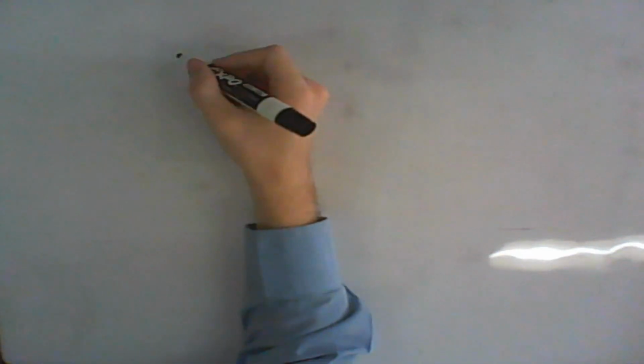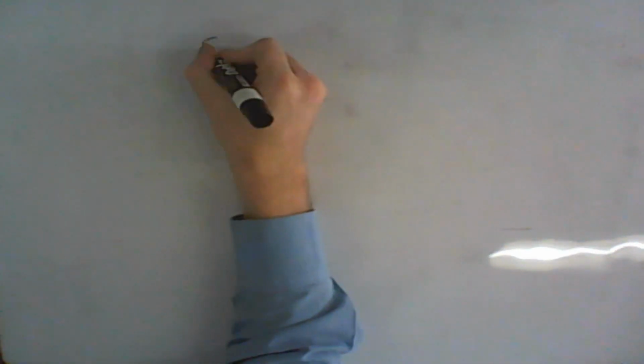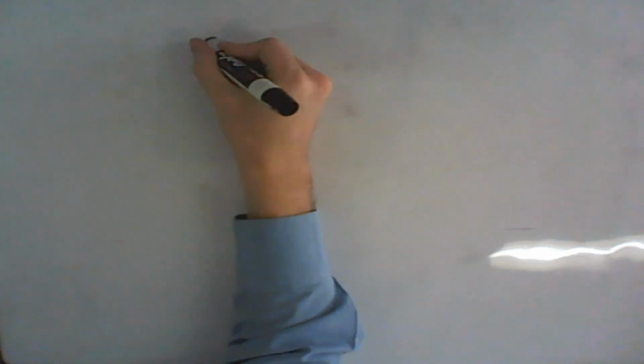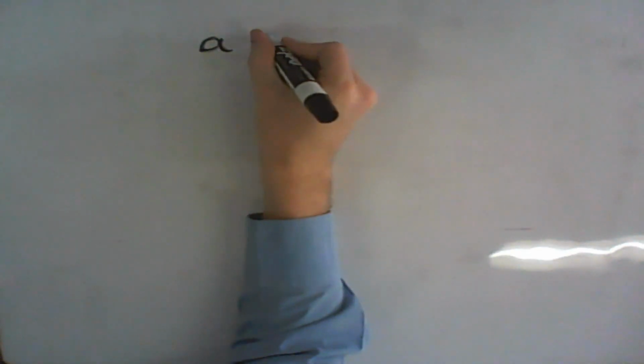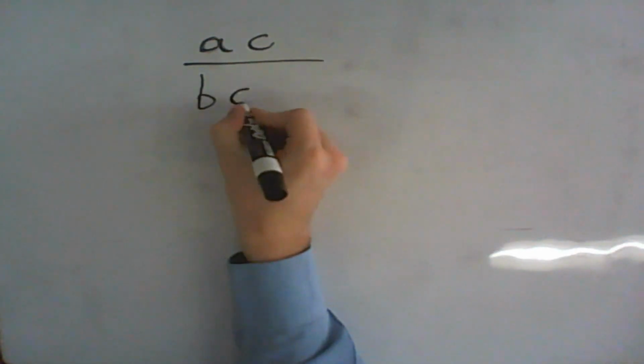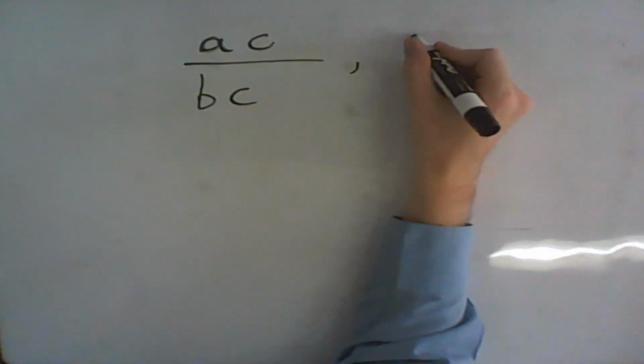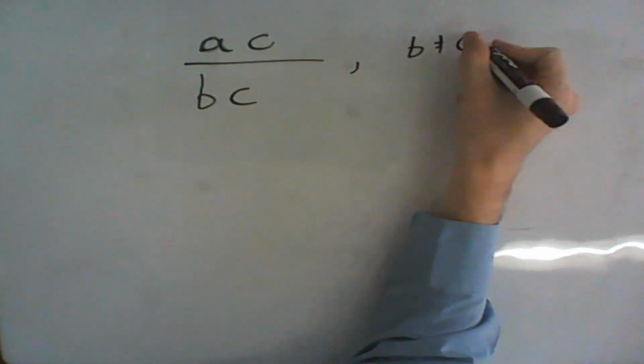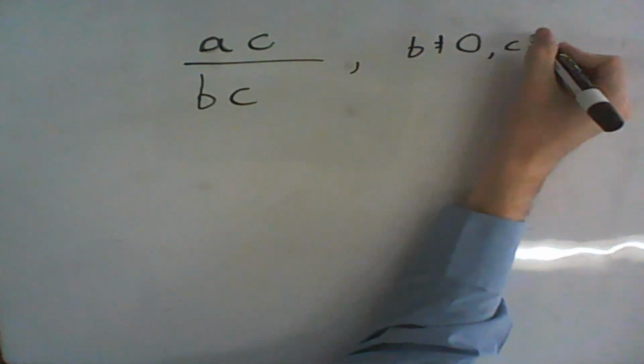Okay, we have to simplify a rational function. So let's say we had a times c over b times c, in which b does not equal 0 and c does not equal 0.